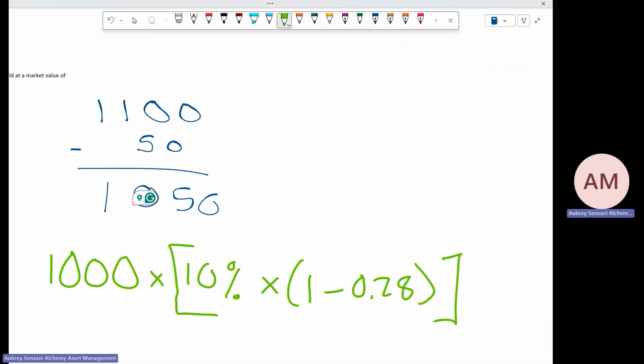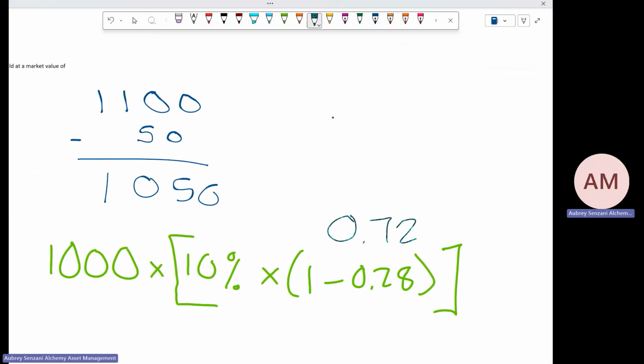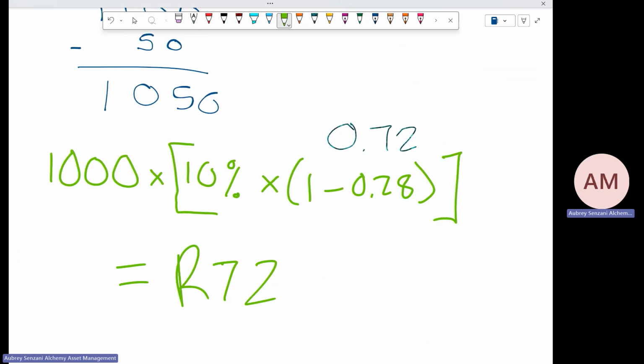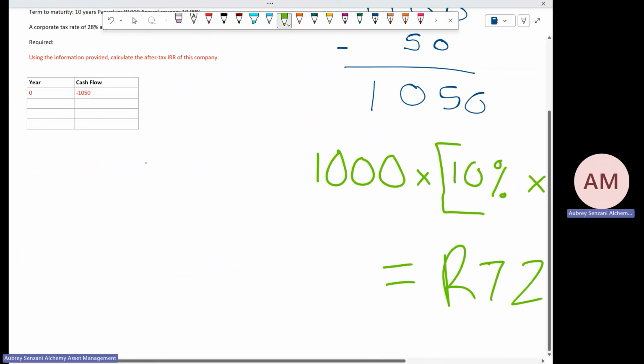So this is then going to give us 0.72. So 0.72 times 10% is going to give you 7.2%, times 1,000 is going to give you 72 Rand. That's how much we're getting as a coupon every year. If this was biannual, we would divide by 2, but it's an annual coupon. So happiness there.